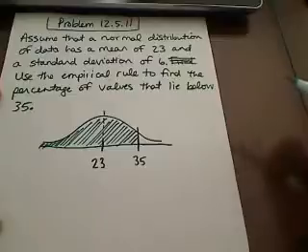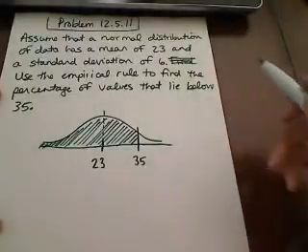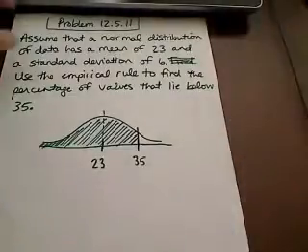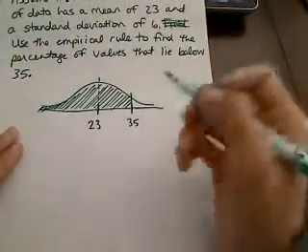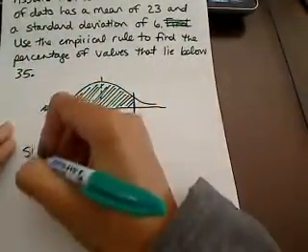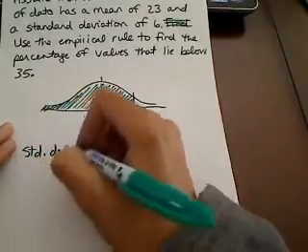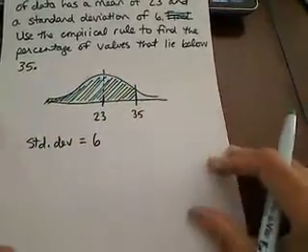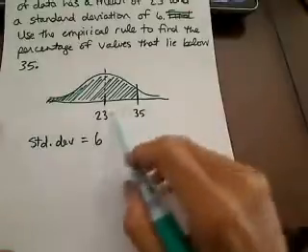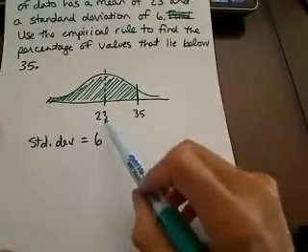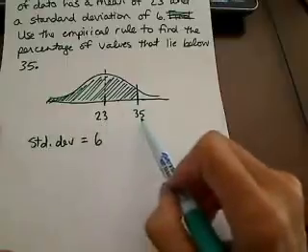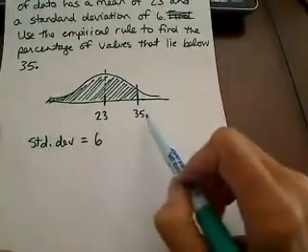Okay, and they want us to use the empirical rule to find this. Because they give us the standard deviation, 6, we can use that to figure some stuff out here. If I just look at from 23 to 35, that's actually 12 units.